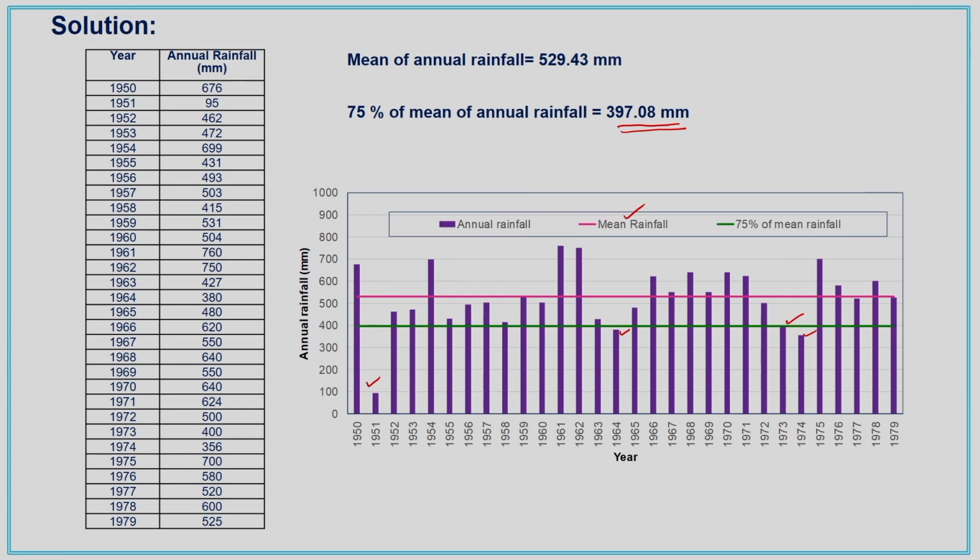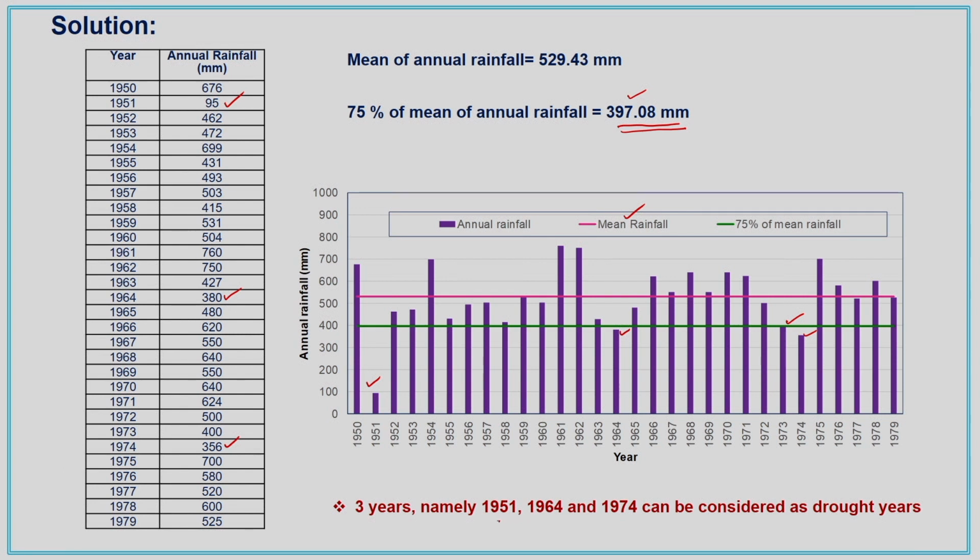In 1951 you can check, it is coming out to be 95 millimeters of rainfall, and in 1964 it is 380, less than 397, and then comes 1974. In 1974 we experienced 356 millimeters of rainfall. So these 3 years were experiencing meteorological drought.